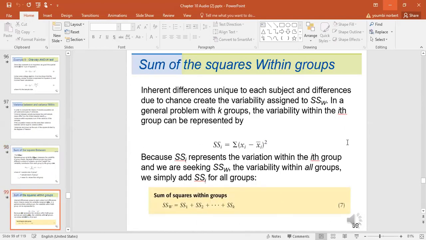So we are going to have an expression, SSi, which means the sum of the square of sample i: sum of the square of sample 1, sum of the square of sample 2, sum of the square of sample 3. So the sum of the square within each sample is the sum of the square for each of the samples put together.